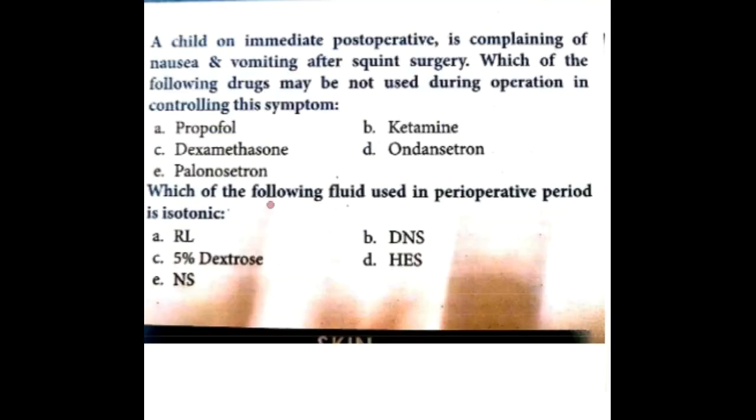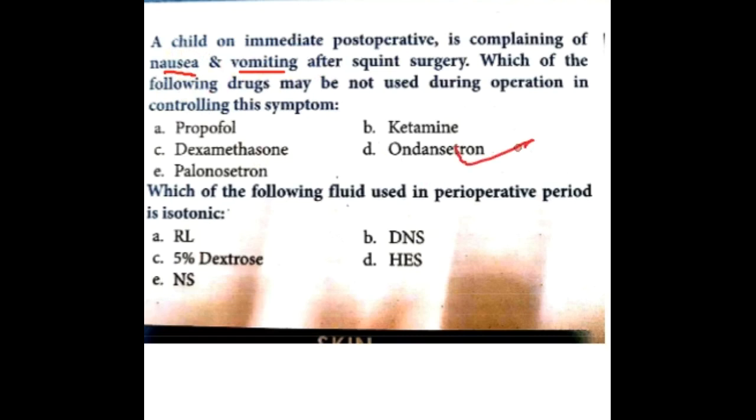Then next question. A child in immediate post-operative care is complaining of nausea and vomiting after squint surgery. Which of the following drugs may not have been used during the operation in controlling this symptom? During surgery we should use one of these drugs for controlling nausea and vomiting, but these were not used, and that is the reason why the child developed nausea and vomiting.